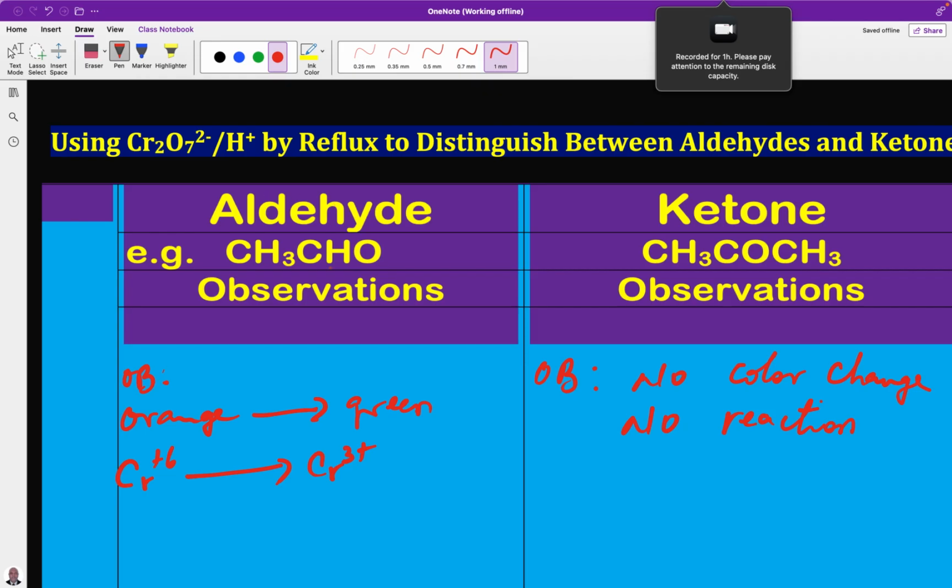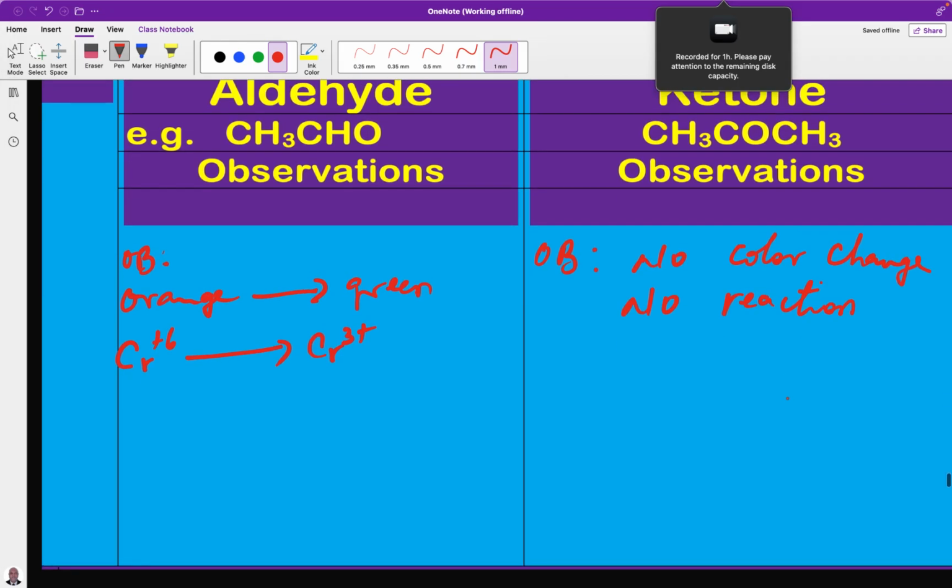Aldehydes are further oxidized to carboxylic acid using acidified potassium dichromate(VI), and the color will change from orange to green, indicating that the orange dichromate is reduced from +6 to +3 ion. With ketone, no reaction takes place and the orange color will still remain. So that is what will be observed here.